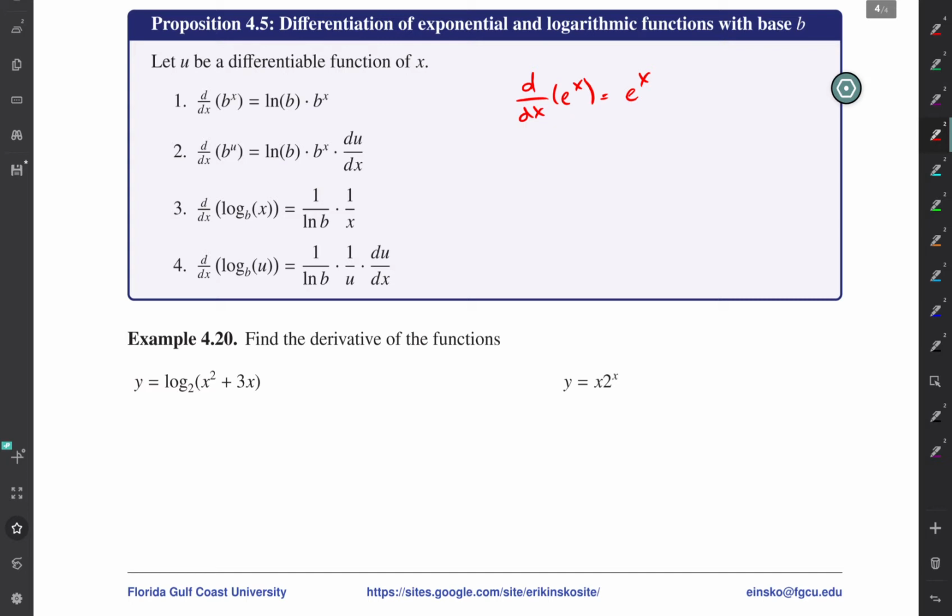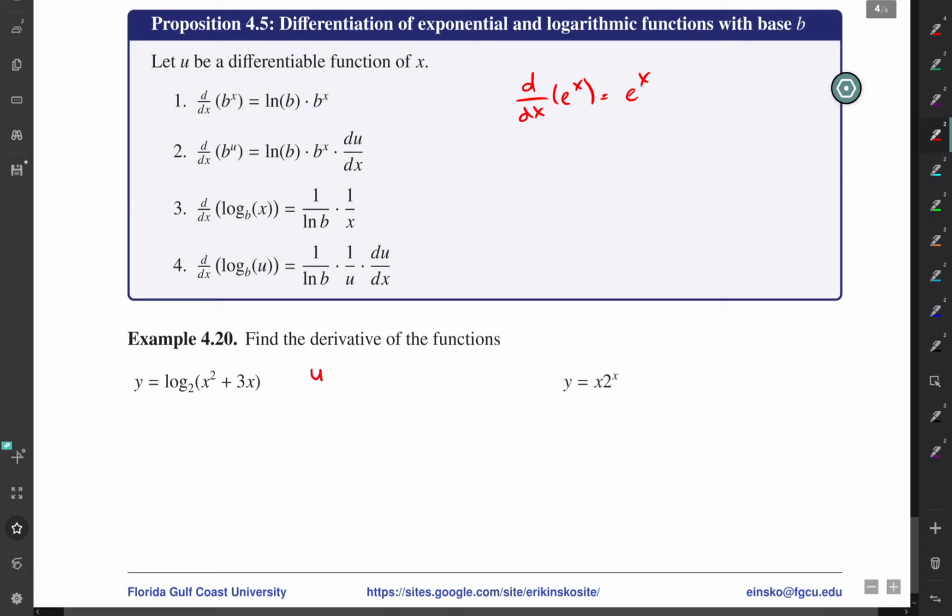For y equals log base 2 of x squared plus 3x, here u is going to be x squared plus 3x. du/dx is going to be 2x plus 3. And now the rule says that y prime is 1 over the natural log of b. b in this case is 2.